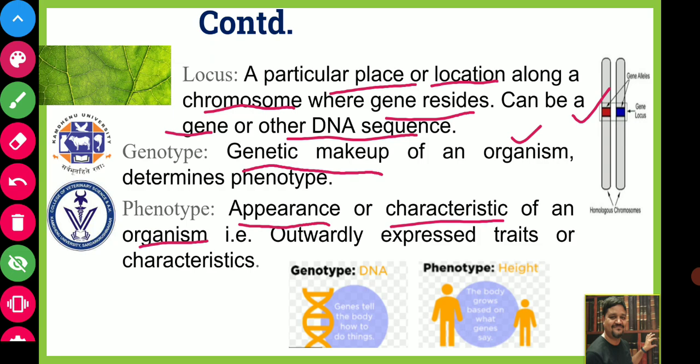An individual or an organism will express itself with certain traits. The external expression of traits or characteristics of an organism is known as phenotype. So genotype and phenotype are related. Genotype is the genetic makeup of an individual, whereas phenotype is the outward or external expression of the genotype of an individual.